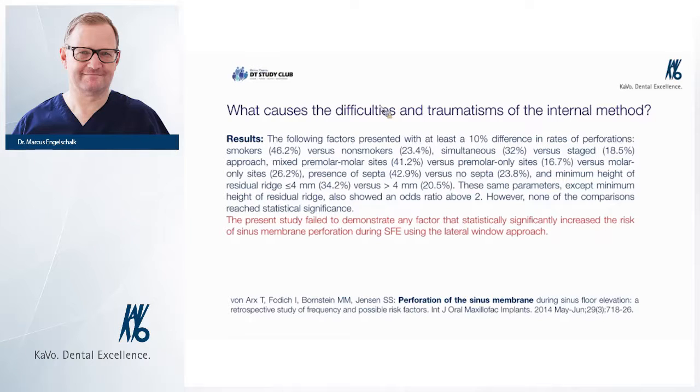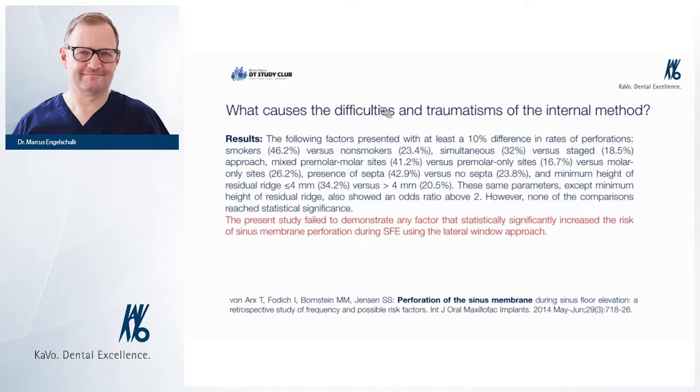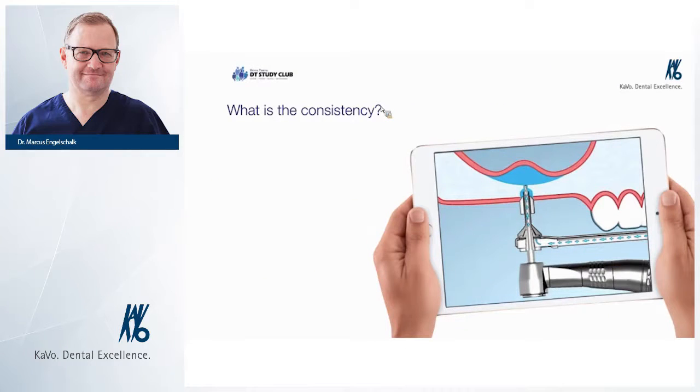Well, a perfect control mechanism is to let the patient breathe. And if there is no perforation, the elevated membrane will move in the rhythm of the breathing. Then you're sure that there is no perforation, but you're not able to do this with the internal sinus lift. Well, there you have drilling the hole for the balloon, for the augmentation material, for the hydraulic solution.